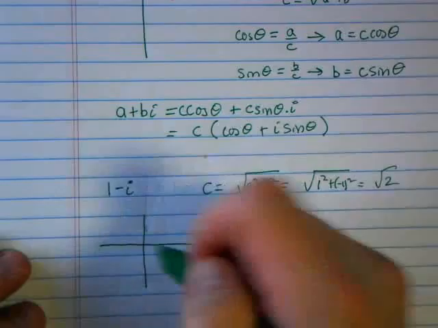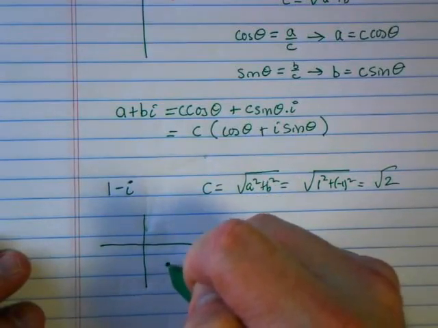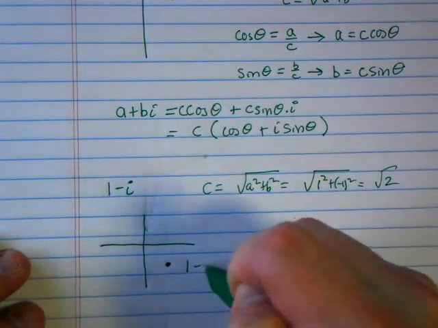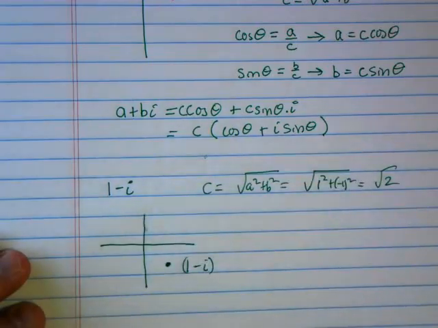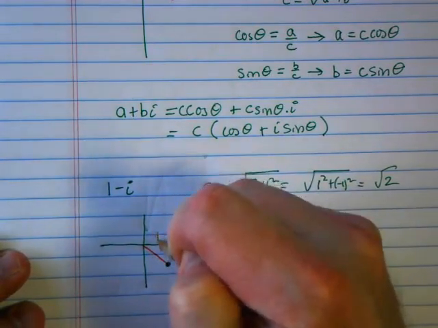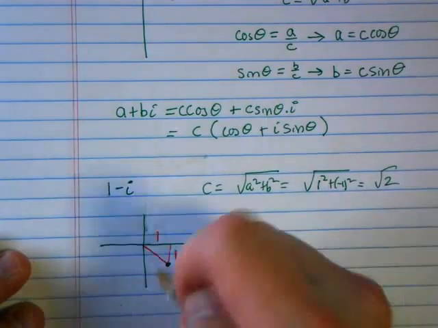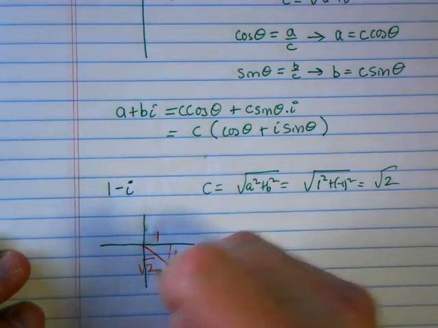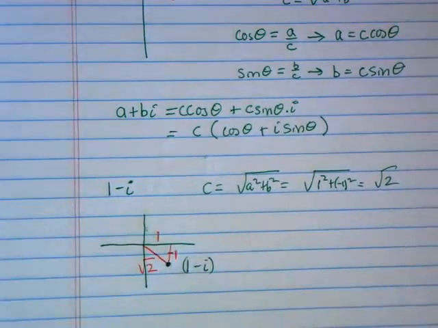So right 1, down 1. So this is 1 minus i. Let's draw my triangle. This was right 1, this was down 1, and we already figured out that distance. That distance is square root of 2. So right 1, that's a positive 1, down 1, -1. That length is square root of 2.